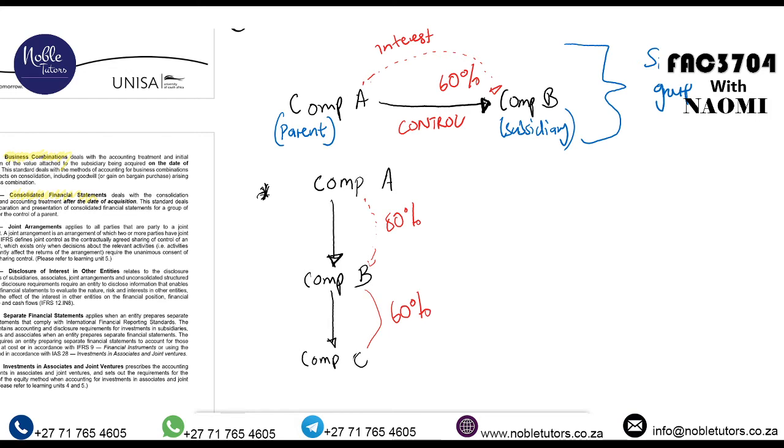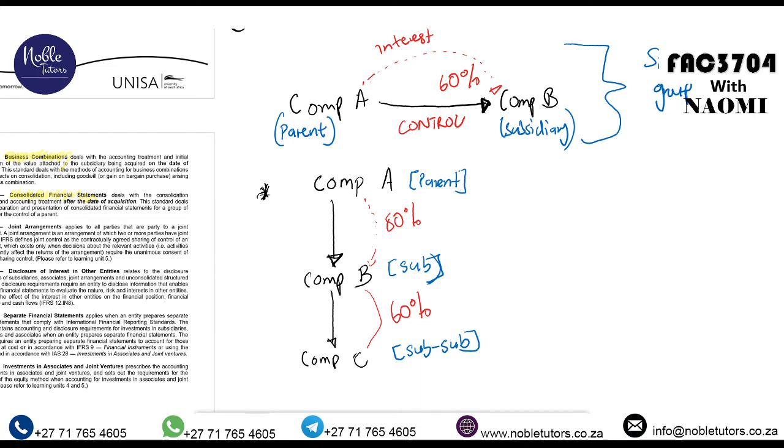Company A is a parent of company B. So if you look at the group from the top, company A will be the parent, and company B is the subsidiary. So just shortcut it. And then company C becomes a subsidiary. Do we see that?